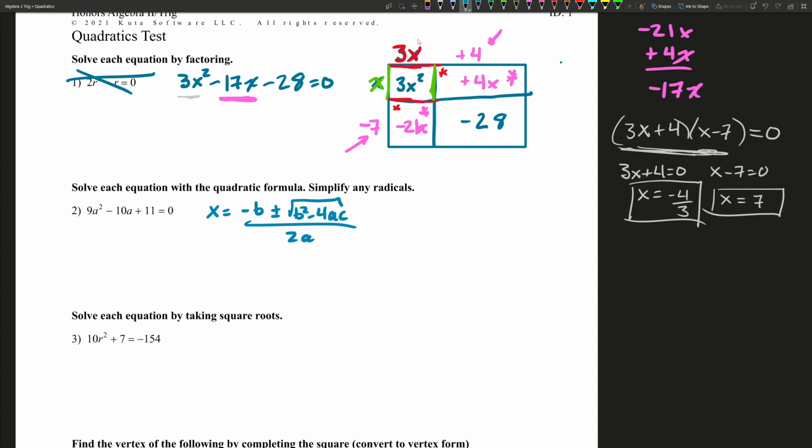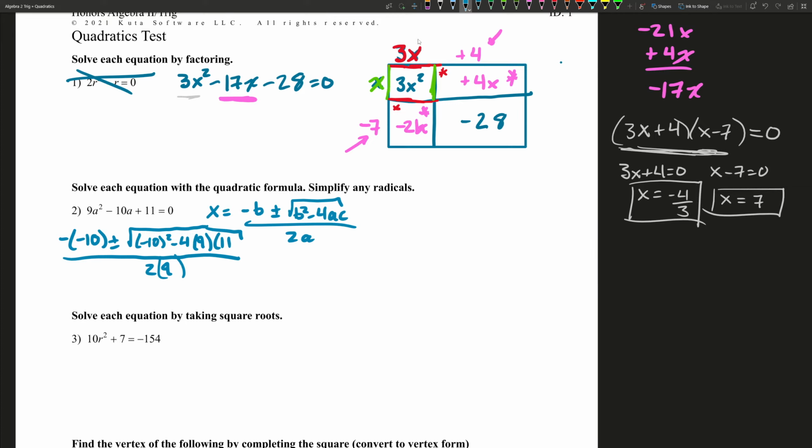So in this case, we get negative 10 plus or minus the square root of negative 10 squared minus 4 times a, so 9, times c, so 11, all over 2 times 9.